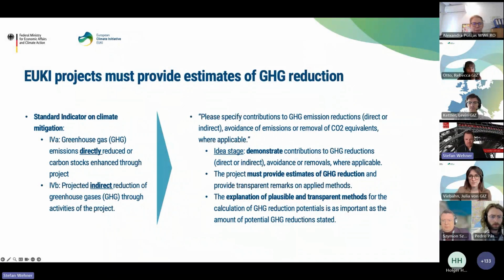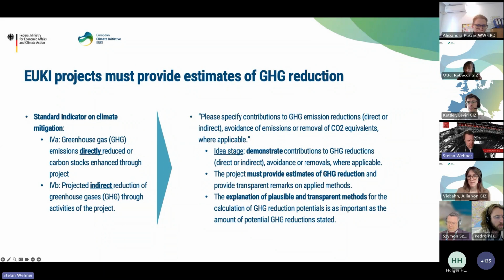As we have heard from Julia, there is an expectation that an EUKI project should provide an estimation of GHG emission reduction when proposing the project, but also during the implementation. And we distinguish in the long term between directly reduced and indirectly reduced emissions, which are defined in the standard indicators.